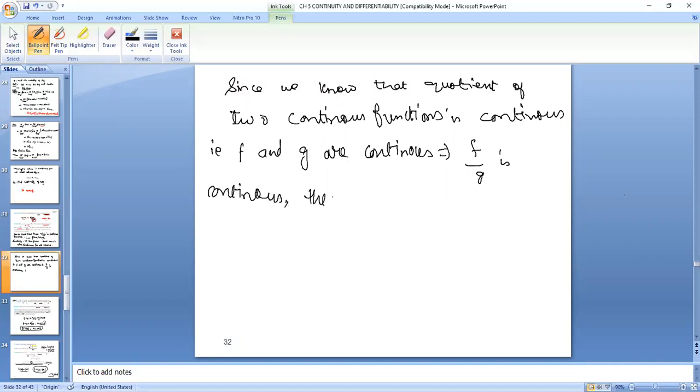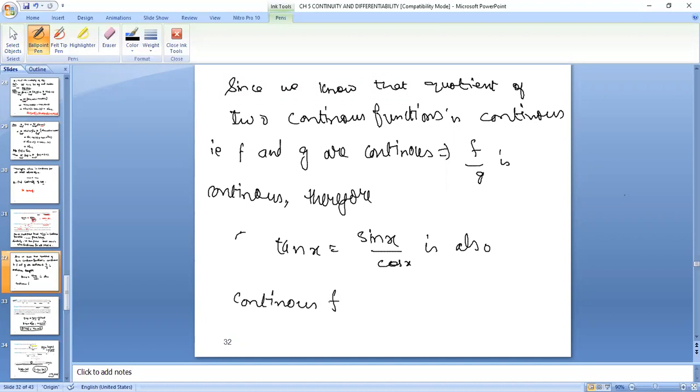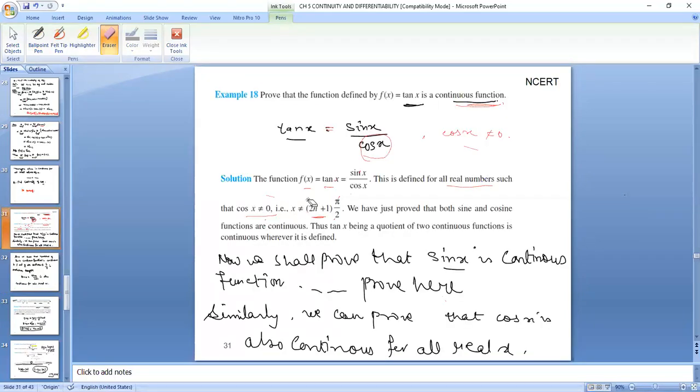Therefore, tangent x is equal to sin x upon cos x is also continuous for all real x. This way you will write the solution for tangent x.